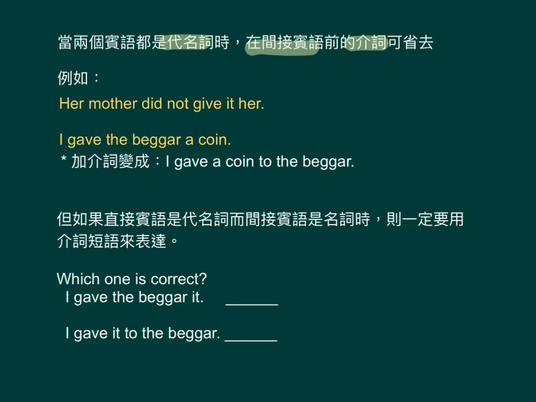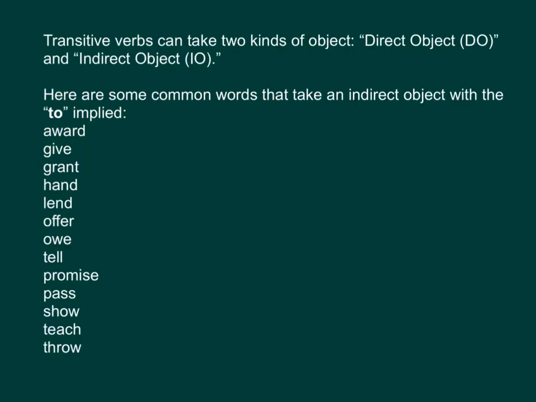I gave the beggar a coin. 加介詞會變成 I gave a coin to the beggar. 但如果直接賓語係代名詞,而間接賓語係名詞嘅時候,就一定要用介詞短語嚟表達。I gave the beggar it 係錯嘅。I gave it to the beggar 先係啱嘅。Transitive verbs can take two kinds of object, direct object and indirect object.